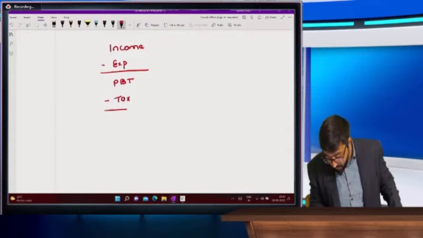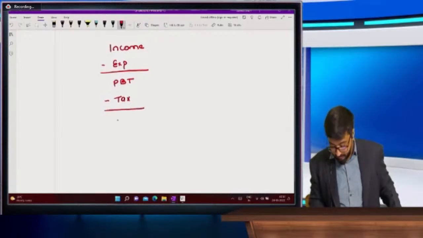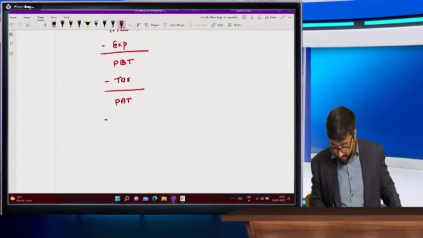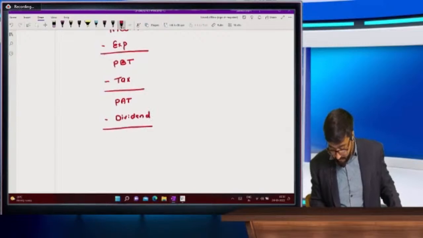Then it is tax. It is called profit after tax. And then we will deduct dividend. So we will get retained earnings.